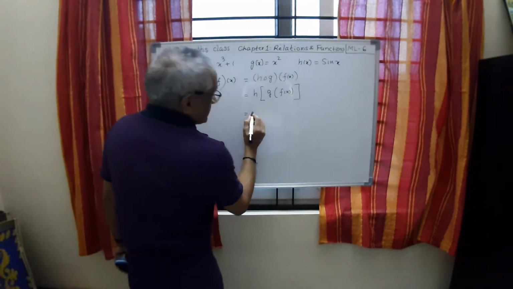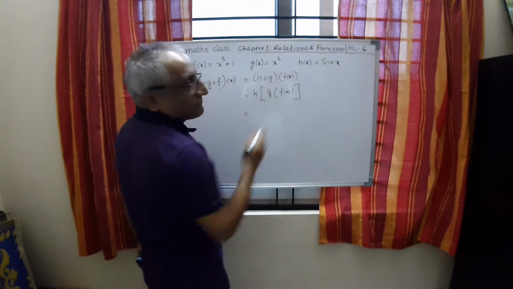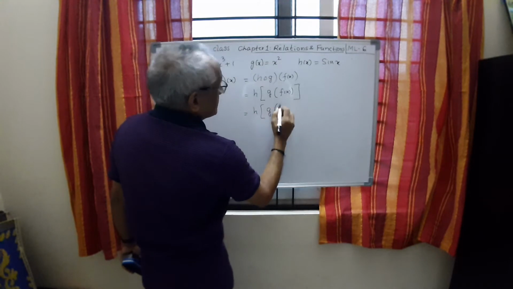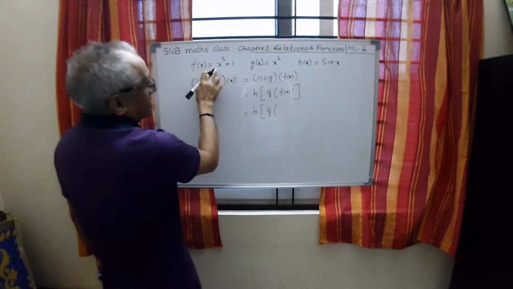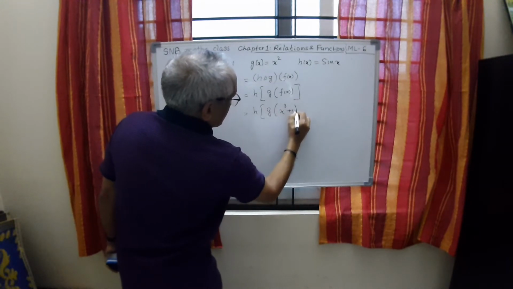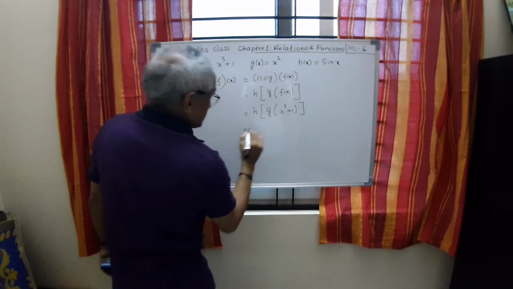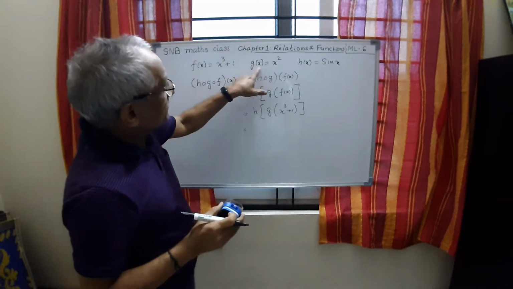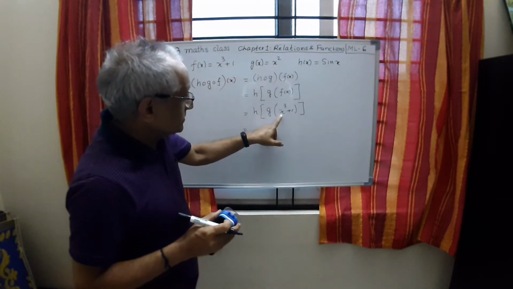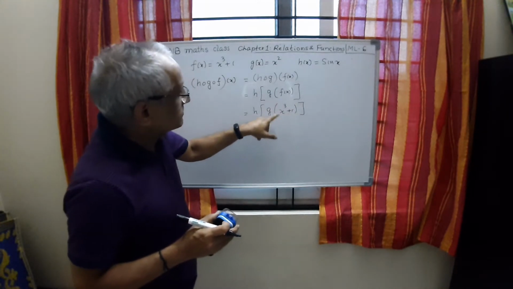Now what you have to do is replace this by the given function. So h of g of f of x, where f of x is x cube plus 1, so I have to write x cube plus 1. Then g of x is x square, therefore in place of x, if you put x cube plus 1, this should be squared.